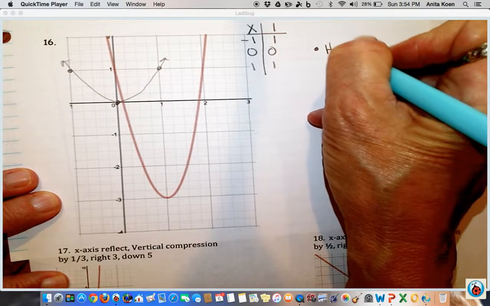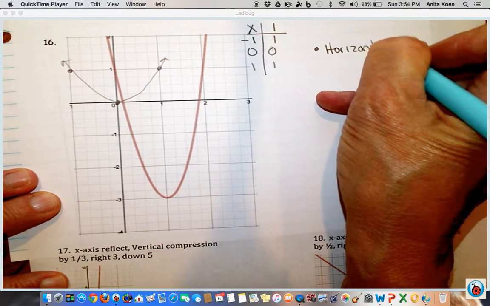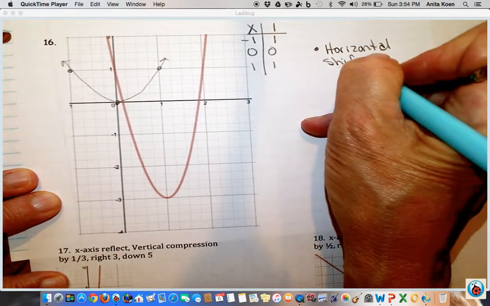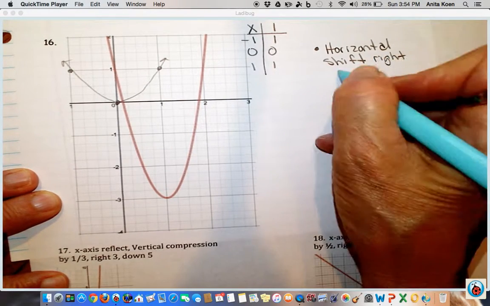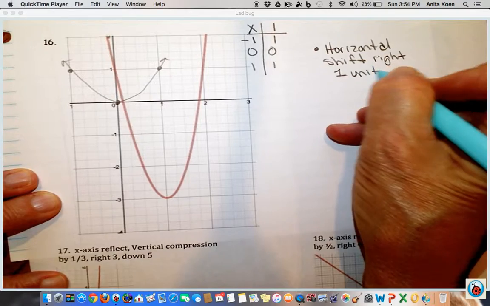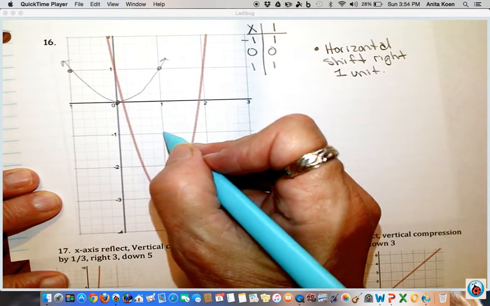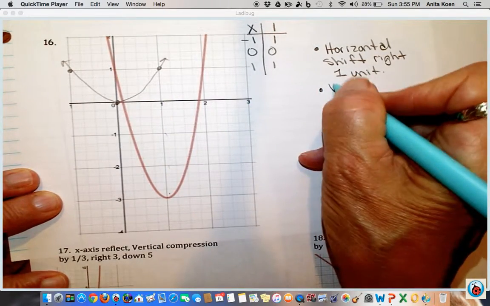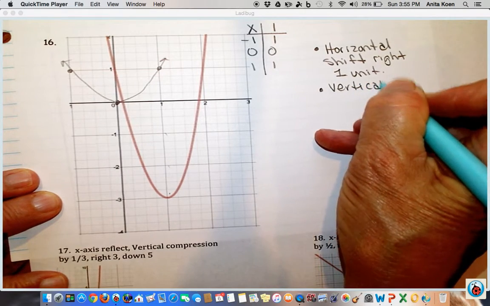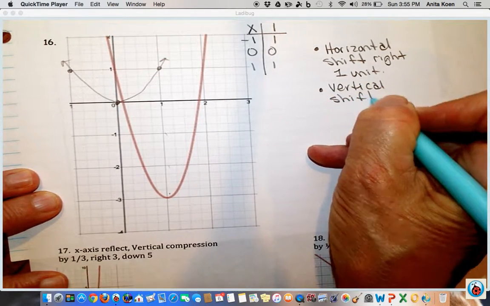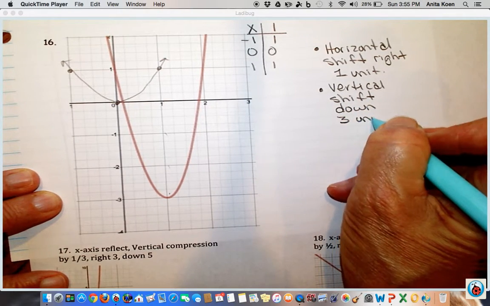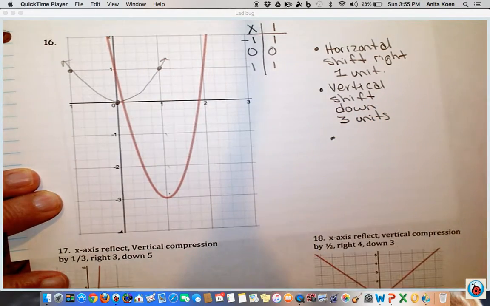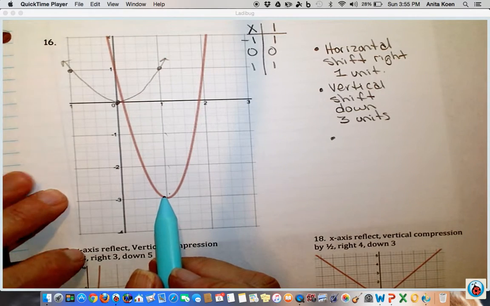So that's a horizontal shift, right 1 unit. And then from there I went down 1, 2, 3. So that's a vertical shift, down 3 units.